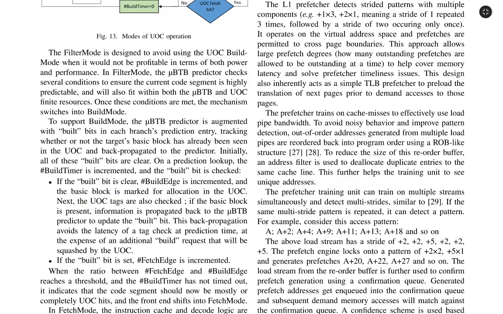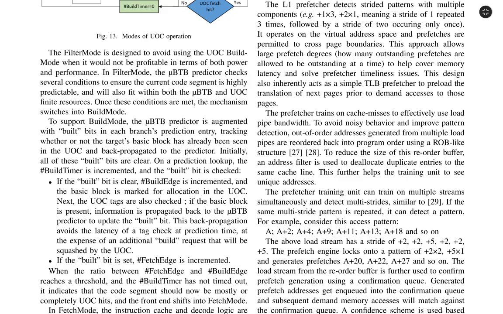Next, the UOC tags are also checked. If the basic block is present, information is propagated back to the micro BTB predictor to update the build bit. This back propagation avoids the latency of a tag check at prediction time, at the expense of an additional build request that will be squashed by the UOC.